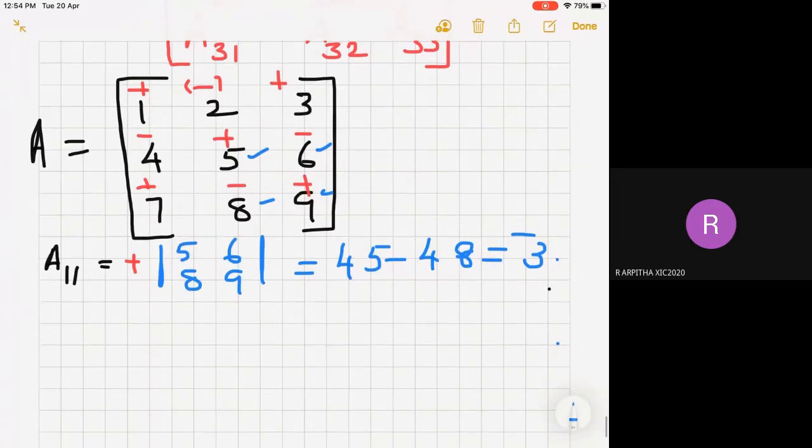Next, I am going to find out the cofactor of 2, or A12. The first row I am completing. A12, you can see that the sign of the cofactor is minus. Then I delete the row and column containing 2.